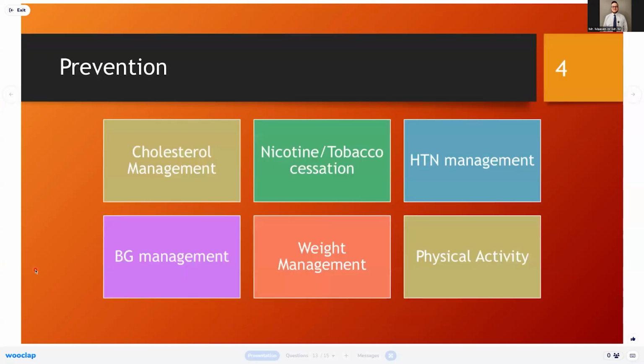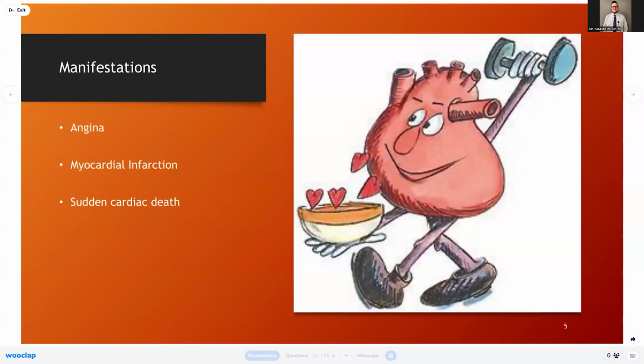So prevention goes into those: cholesterol management, stopping tobacco, managing our high blood pressure, managing our glucose, weight, physical activity, hypertension management. So how does this manifest itself? Coronary artery disease typically always manifests itself as ischemia to the heart muscle.